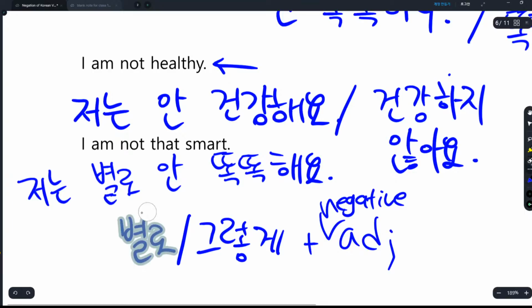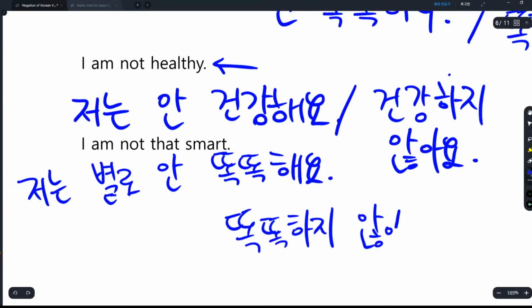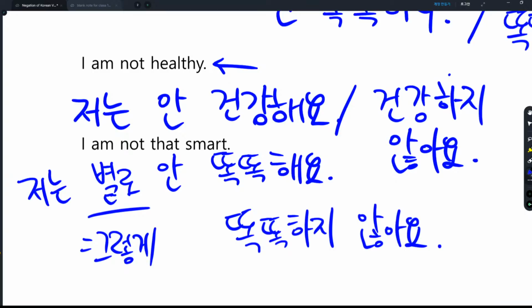Or you can also go with 지 않다. 저는 별로 똑똑하지 않아요. 맞아요, 여러분. And you can also change 별로 to 그렇게. 저는 그렇게 안 똑똑해요. 저는 그렇게 똑똑하지 않아요. I'm not that smart. So that's how you can say it.